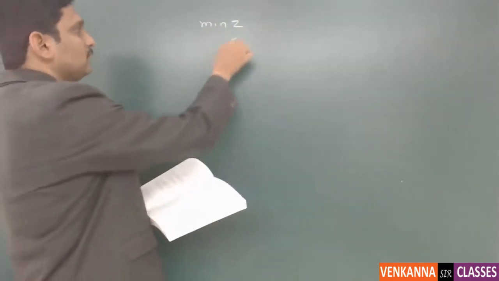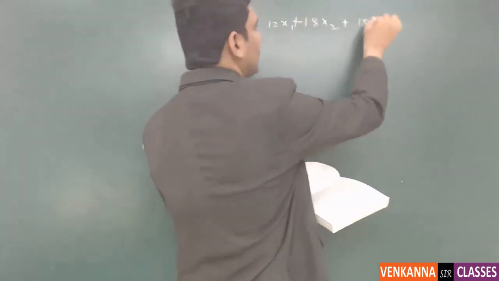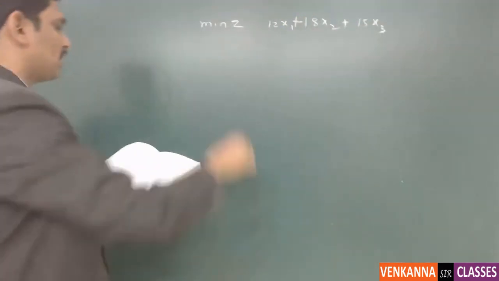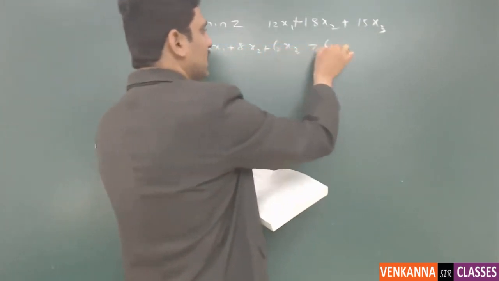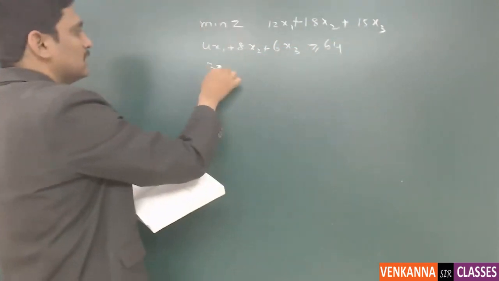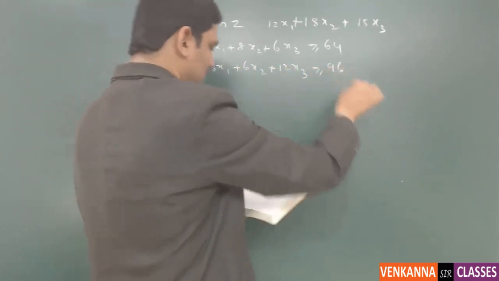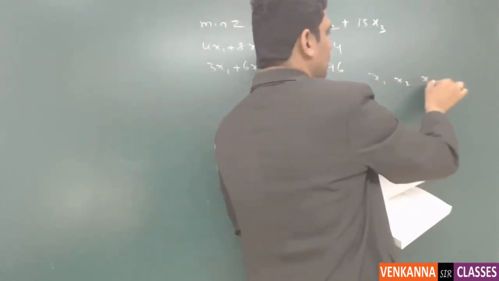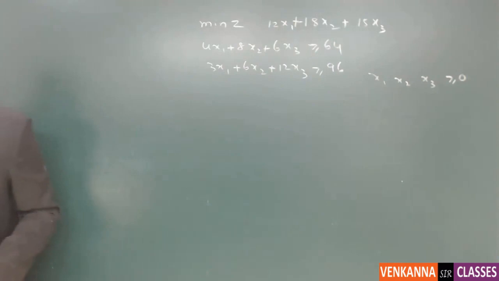Minimize Z = 12x1 + 18x2 + 15x3 subject to the constraints 4x1 + 8x2 + 6x3 is greater than or equal to 64, 3x1 + 6x2 + 12x3 is greater than or equal to 96, and x1, x2, x3 are greater than or equal to 0. So please take a note of the problem. After noting, inform.